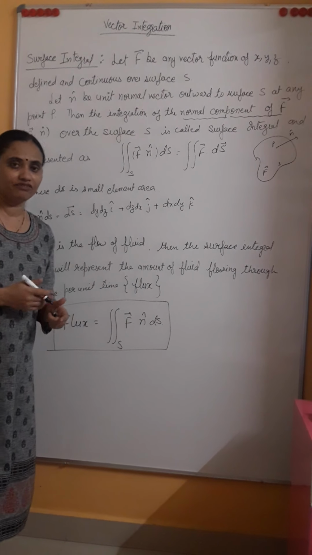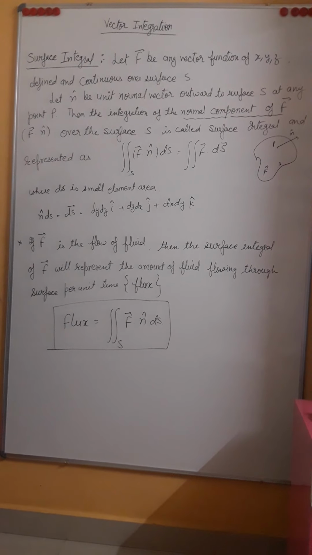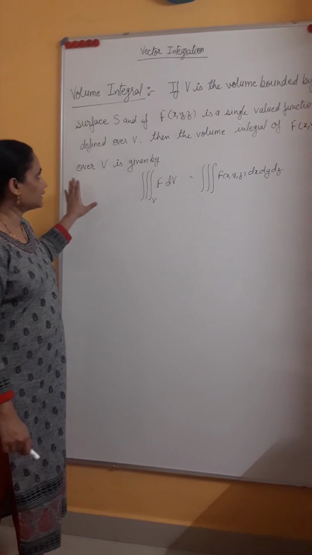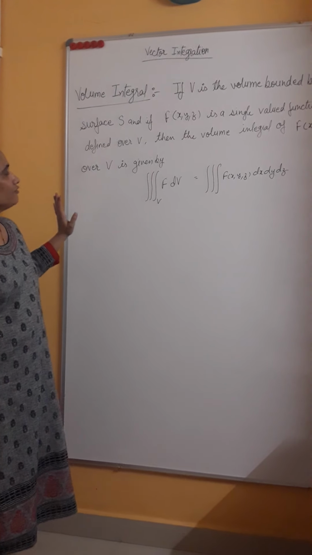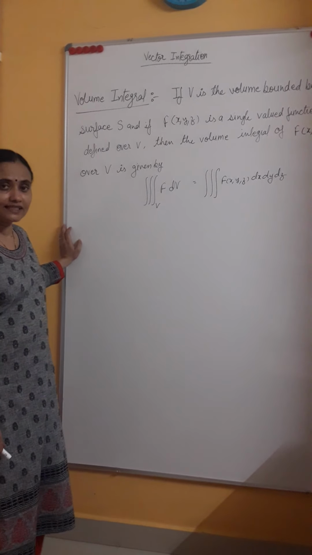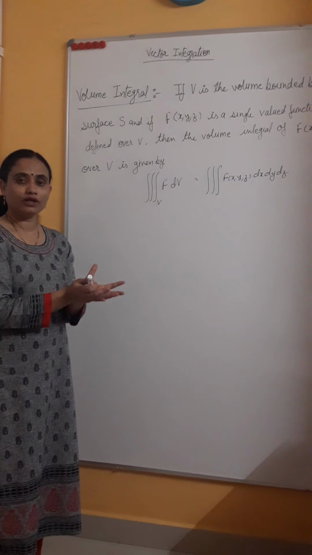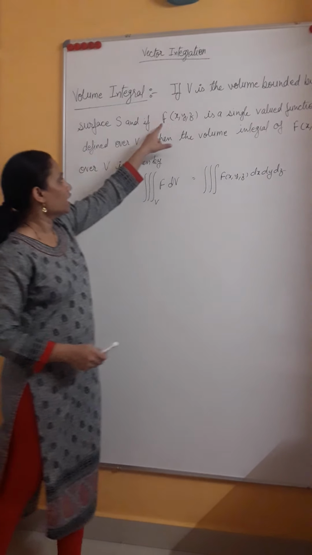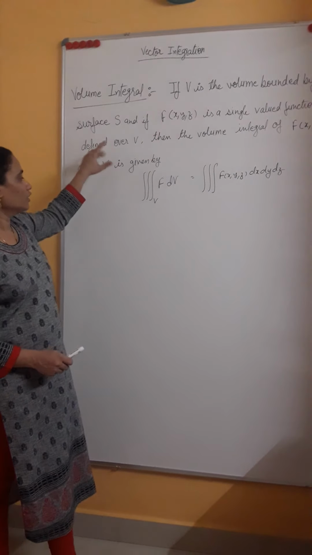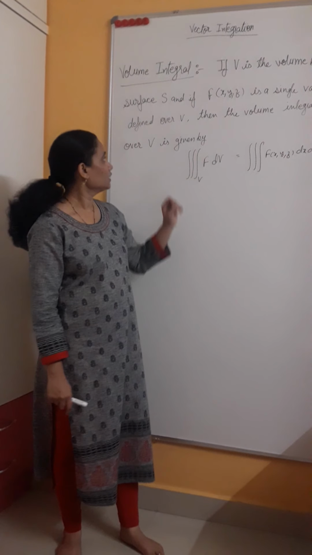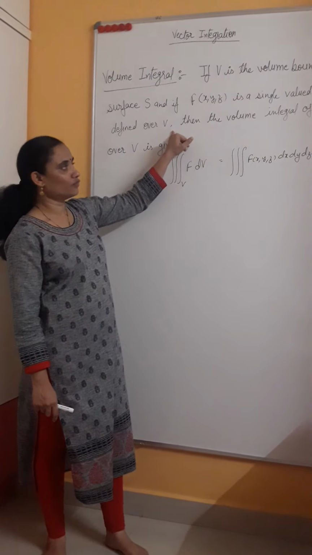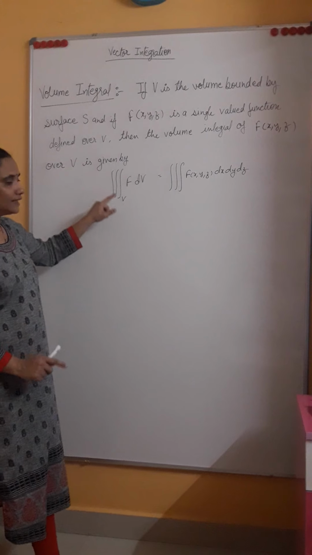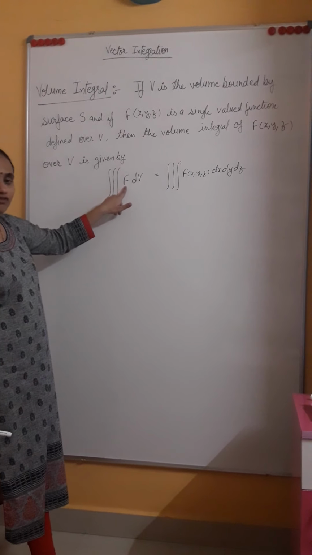Now let's understand the definition of the volume integral. If V is the volume bounded by a given surface, for example a sphere, and f is any single-valued function defined over that volume, then the volume integral of the function f over the volume V is given by the triple integral of f dV.